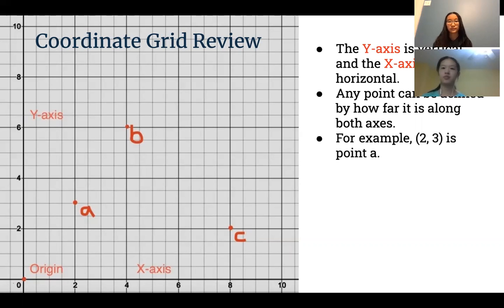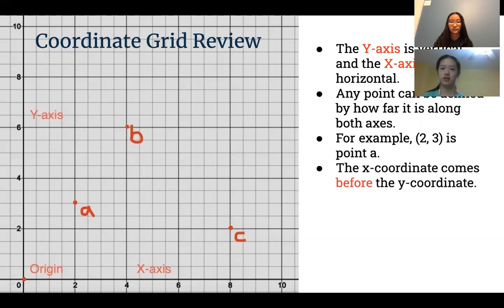So for example, point A would have the coordinate 2, 3 because it is 2 units along the x-axis and 3 units up the y-axis.